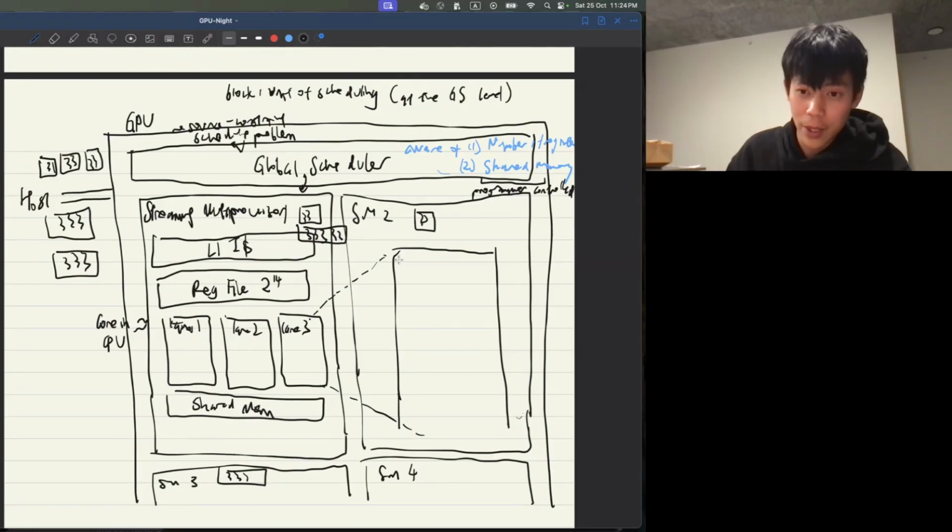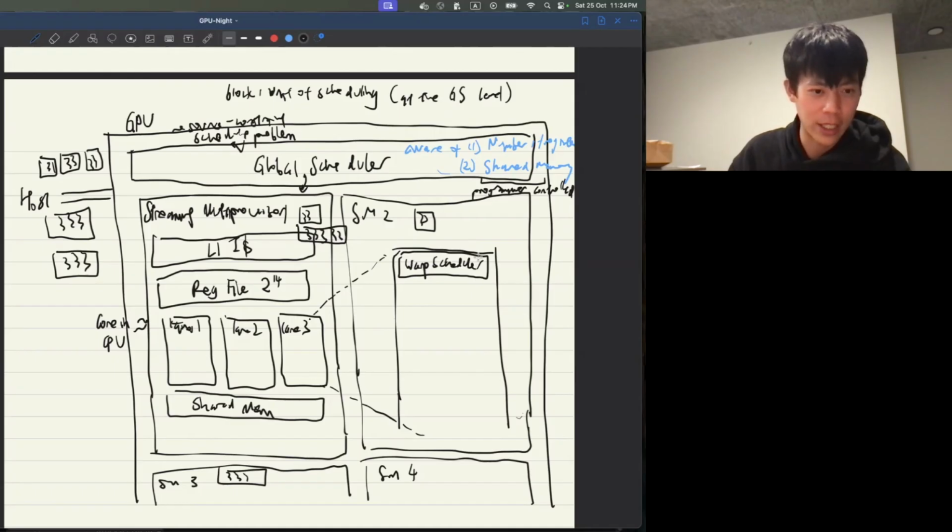So firstly, the first component that I want to talk about is this thing called the warp scheduler. So don't be afraid, right? This is the final level of scheduling that I'm going to talk about. There's only two schedulers in a GPU. One is the global scheduler and one is the warp scheduler. The warp scheduler is the second level of scheduling. So the global scheduler schedules things in units of blocks.